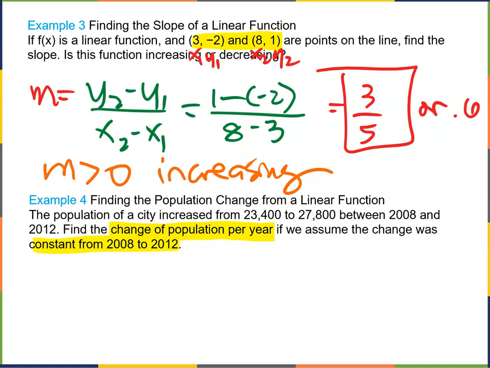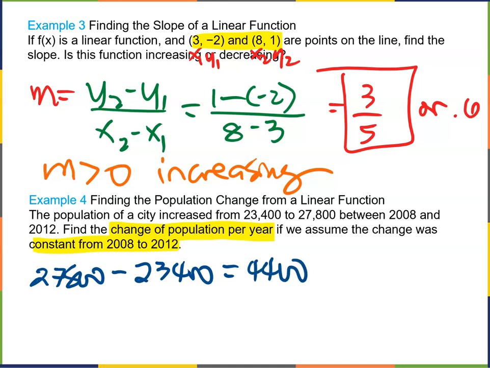So as you can see, the population increased from 23,400 to 27,800. So when we subtract, 27,800 minus 23,400, it increased by 4,400.